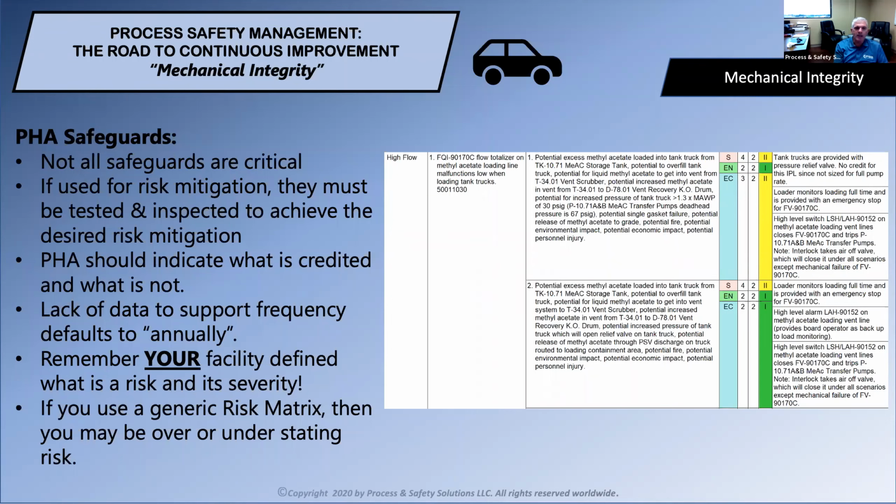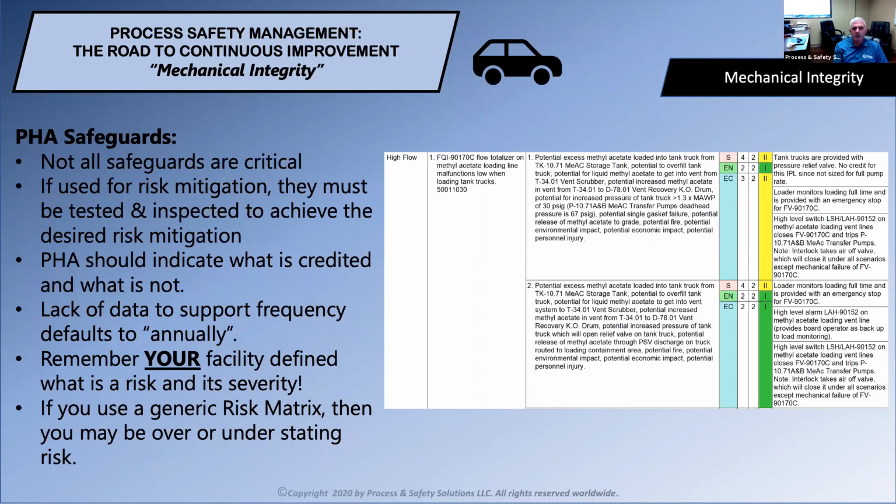If you're lacking data to support the frequency, then it defaults to annual. If you have information that says if I test this every 2 years, I can achieve my risk reduction that I want or desire, then you would be expected to test it every 2 years. But without any of that information, then it would default to annually.